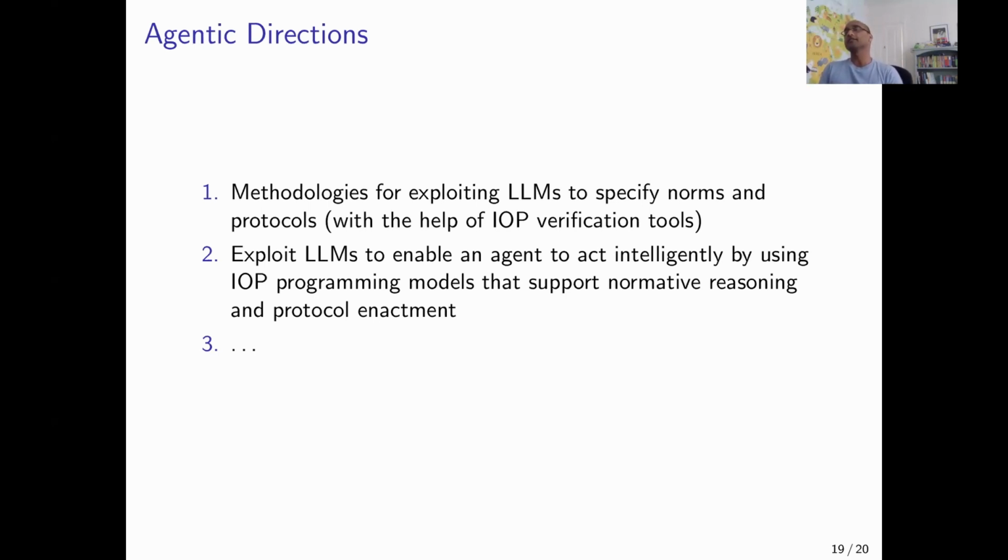And the other, bigger direction is: can we exploit LLMs to enact multi-agent systems? We would have LLM agents. The LLM is the heart of the agent, but it exploits our protocol and norms-based frameworks, like the programming models I showed earlier, to make decisions.